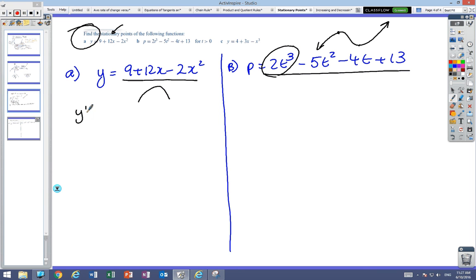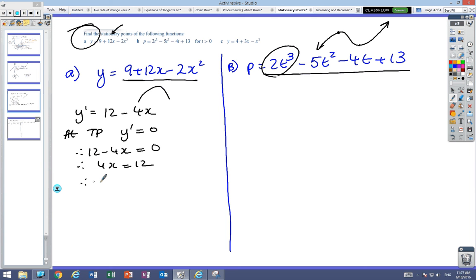So first step, y dash equals 12 minus 4x. Now at a turning point, y dash equals 0. Therefore 12 minus 4x equals 0. 4x equals 12. x equals 3. Now we've got the x value, we need to find the y value.